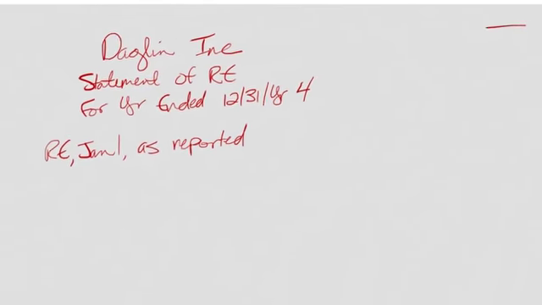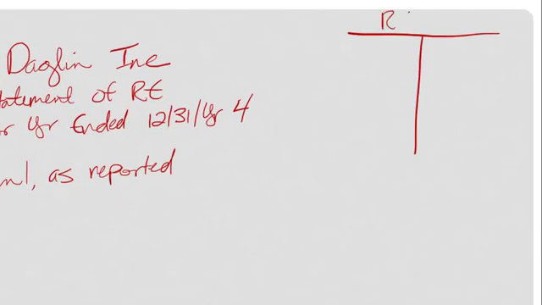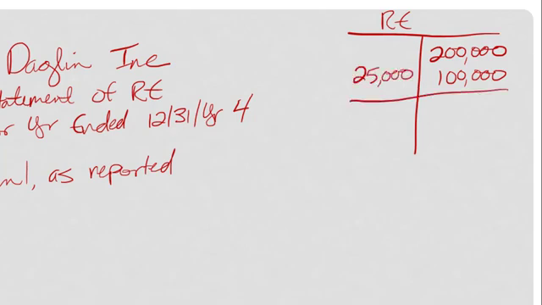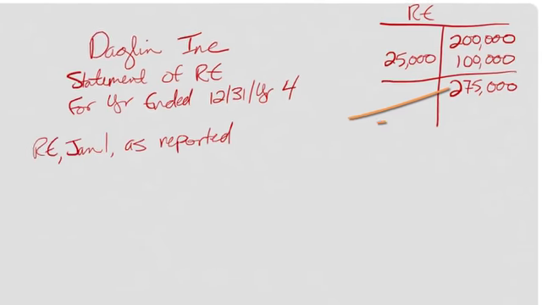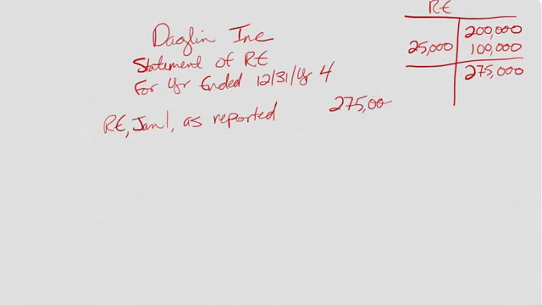All I was told was retained earnings at the beginning of year 3, which was 200,000. If I hadn't fixed any errors or changed anything, I would have added $100,000 of net income, subtracted 25,000 of dividends, and I would have shown 275 as retained earnings. If I hadn't fixed any errors or done anything in year 3, I'm fixing everything in year 4. So 275 would be my number as reported.